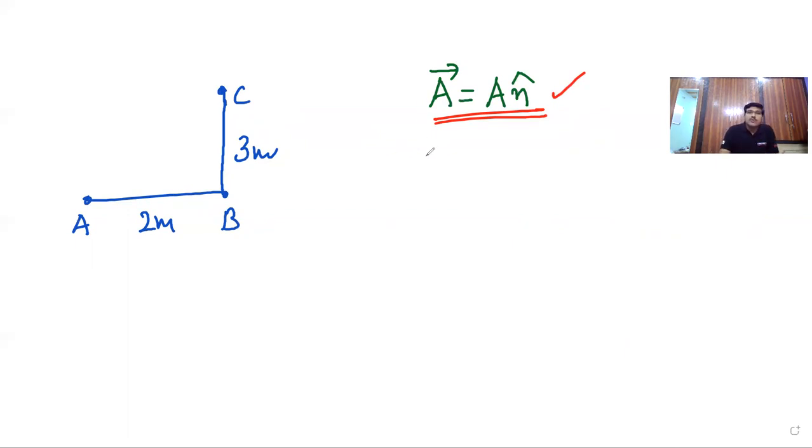In general notation, A bar is the magnitude of the component along the x-axis, A x, into i cap, plus the component along the y-axis into j cap, plus the component along the z-axis into k cap.